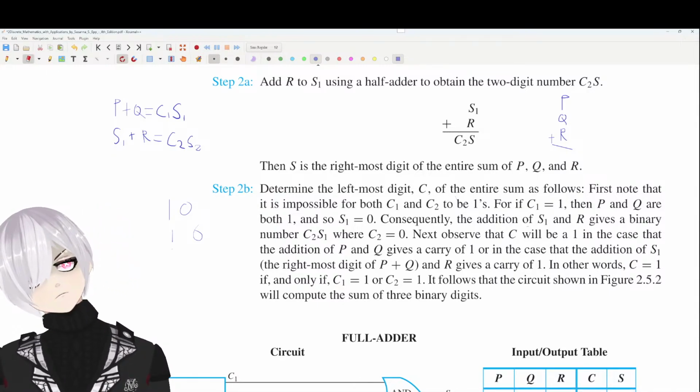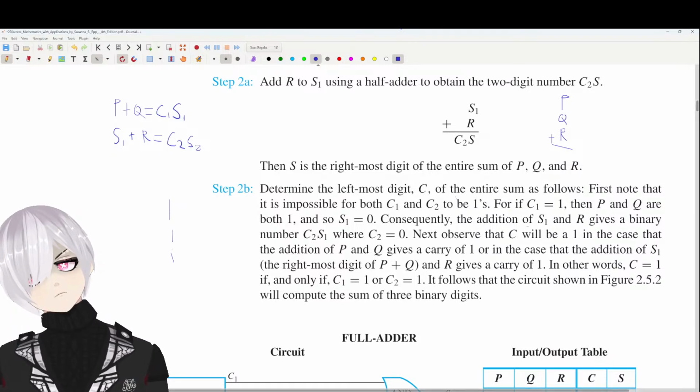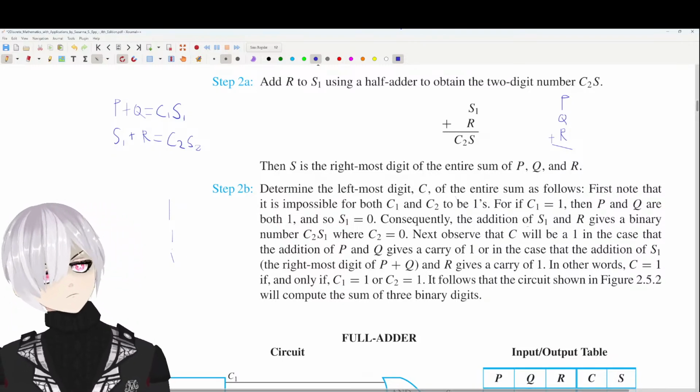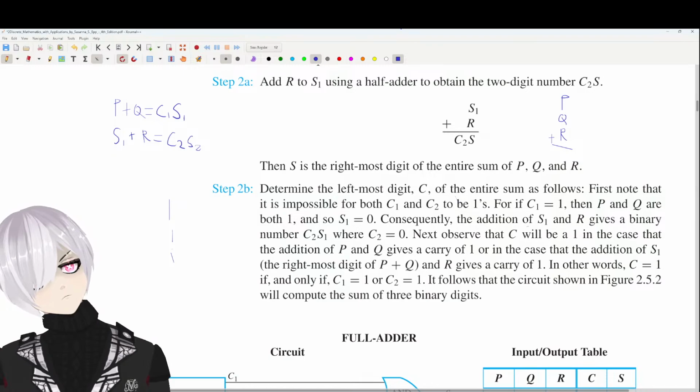So they said that C1 and C2 aren't both 1, and that means that... I see that. Okay, so C1 and C2 aren't both 1.